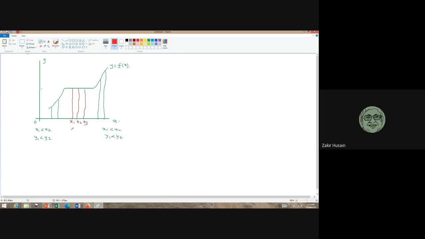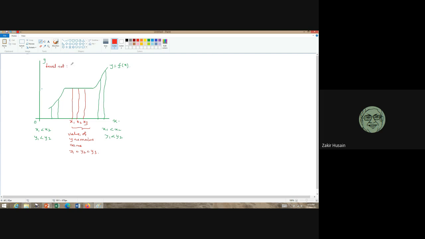Very good. So over here we are taking different values, but the value of y remains the same. y1 equal to y2 equal to y3. The functional value remains the same. This is called the level set.